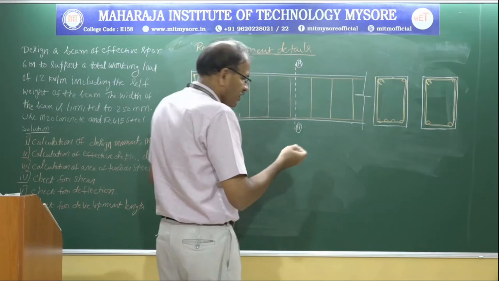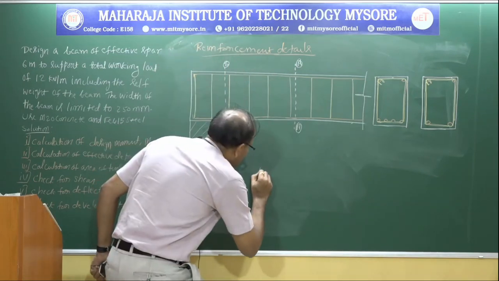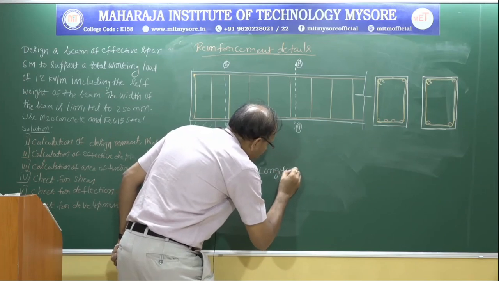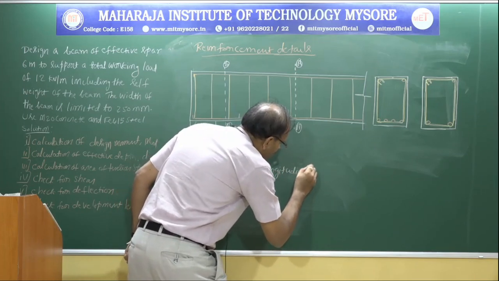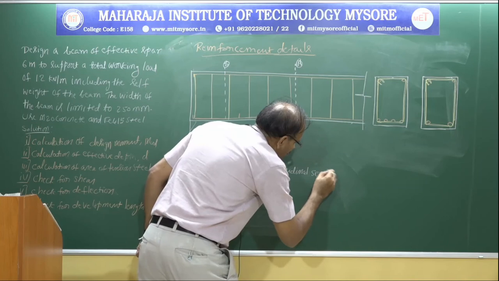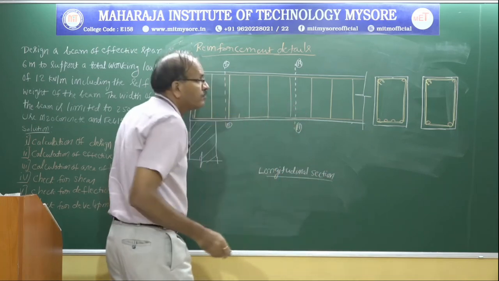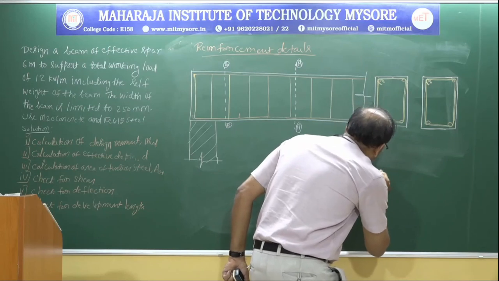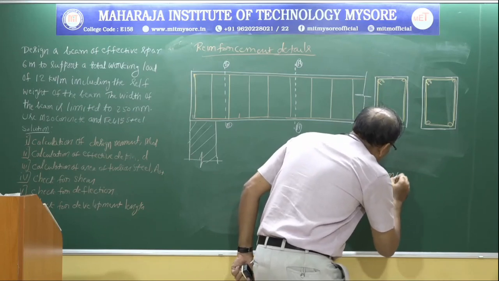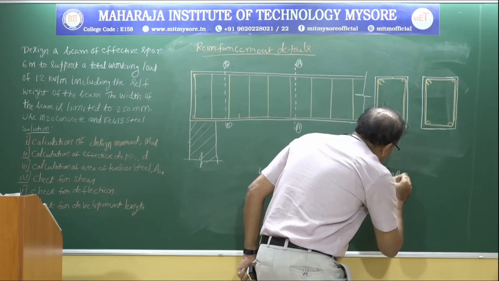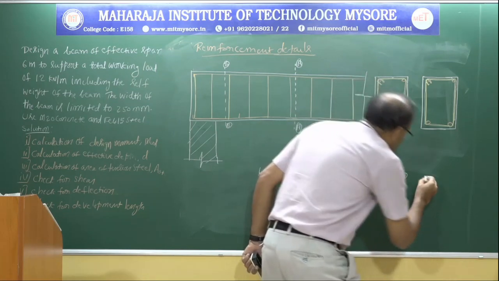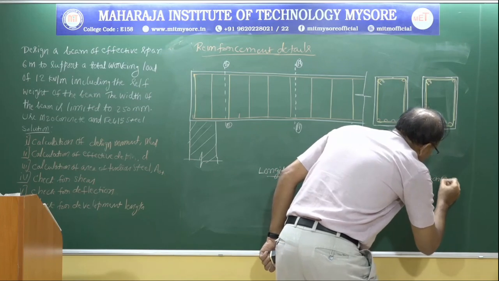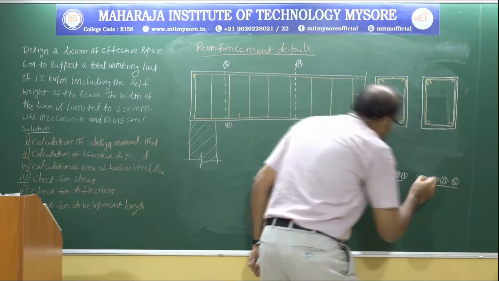Okay, this is the longitudinal section. This is the cross section AA. This is another cross section BB.